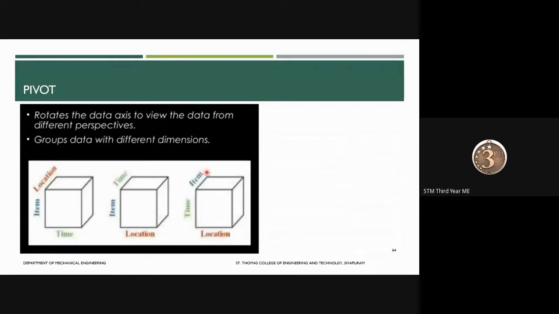So these are all different points of view. We are rotating the data axis to view the data from different perspectives. Perspective is the point of view. So these are some of the operations carried out under OLAP.